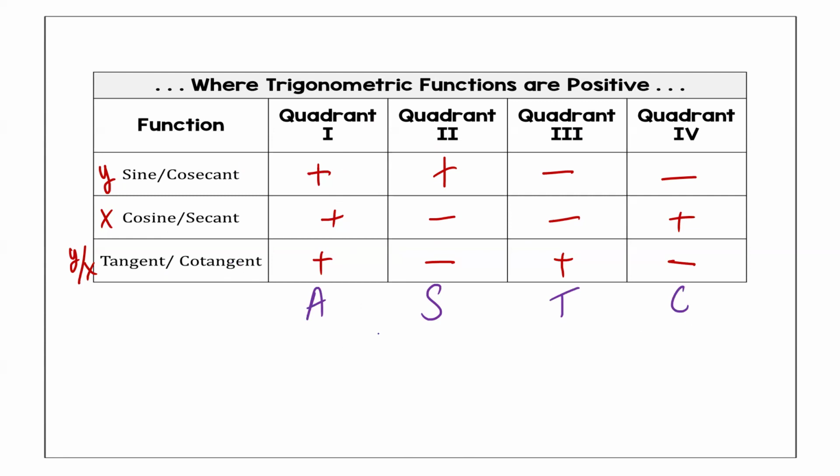This stands for all students take calculus. What does the A stand for? All students take calculus. All are positive in quadrant one. Only sine is positive in quadrant two. Only tangent is positive in quadrant three. And only cosine in quadrant four. All students take calculus. Okay.